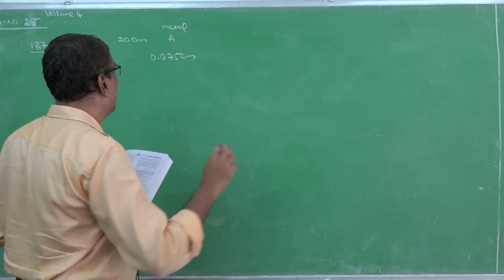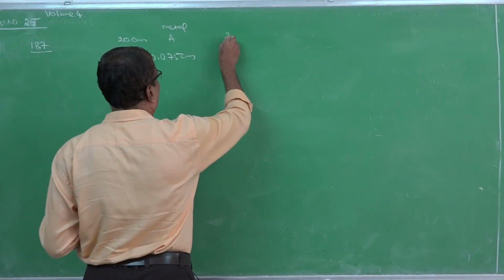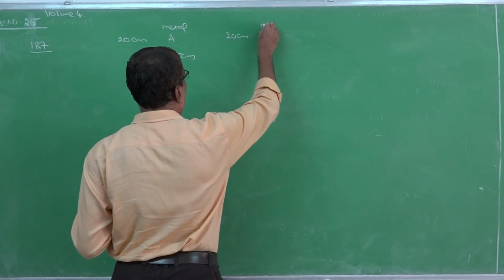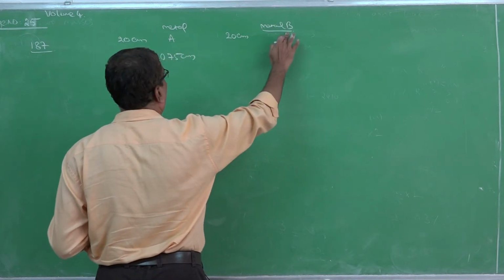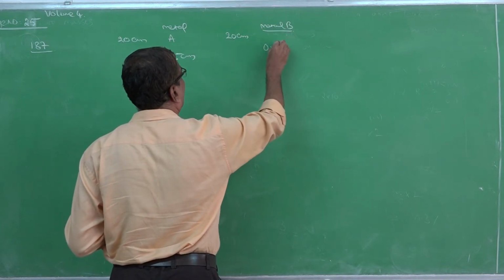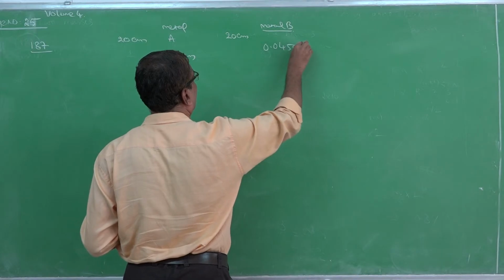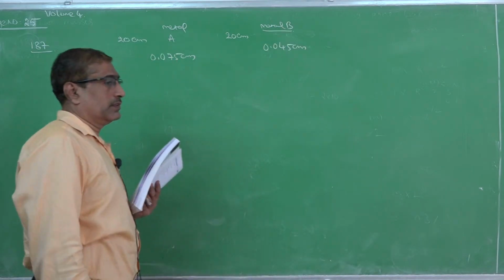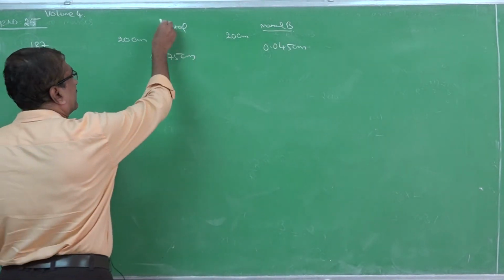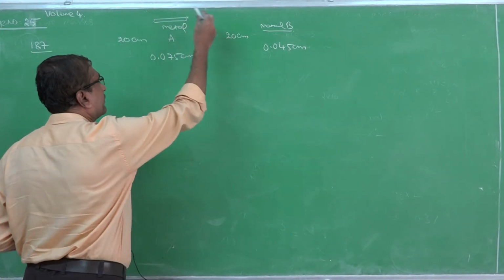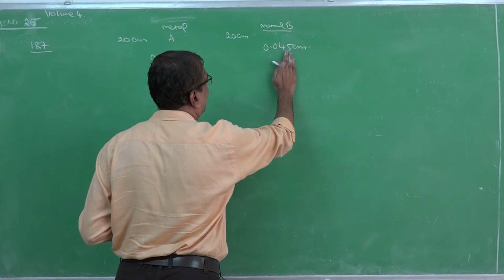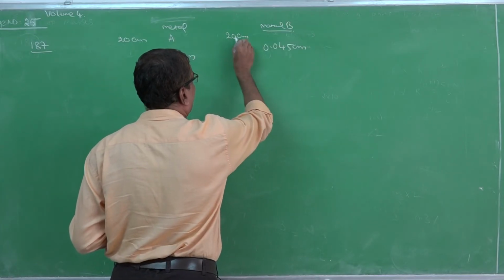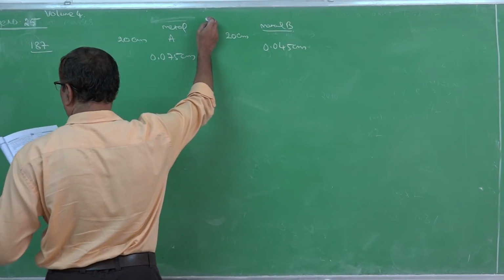Now, another rod of the same length 20 centimeter made of metal B expands by 0.045 centimeter. So, this is a rod of metal A of length 20 centimeter, and this is the expansion of metal B for the same change in temperature.